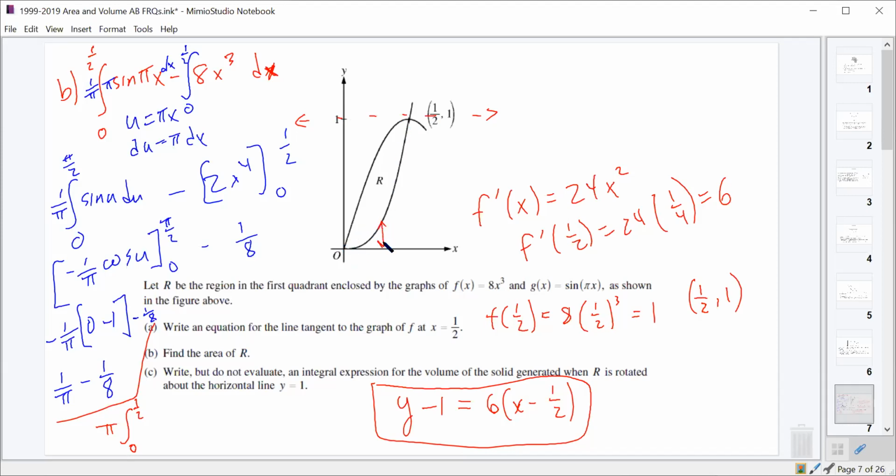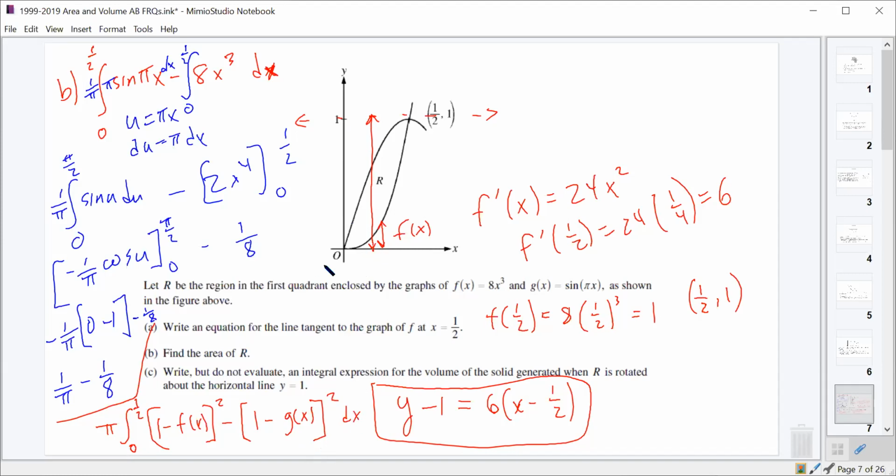The height of the lower function is always just going to be f of x, and the whole distance is 1. So the radius, which is the difference between those, ought to be 1 minus f of x. So we'll square that, and then minus, and then we'll do, again, 1 minus, this time g of x, squared, dx.